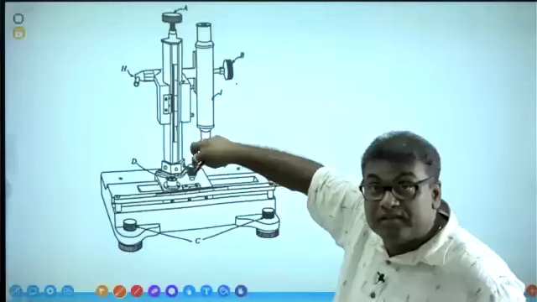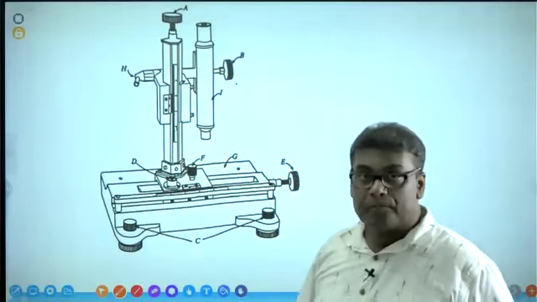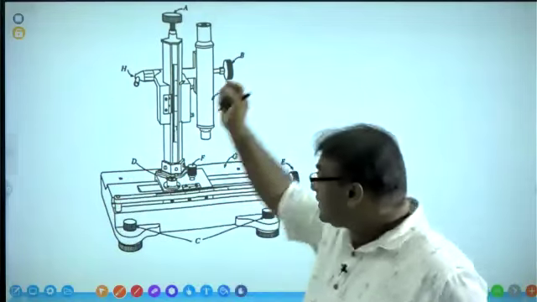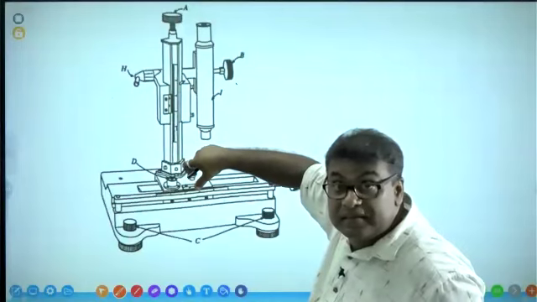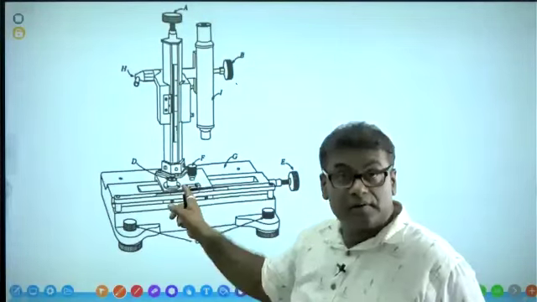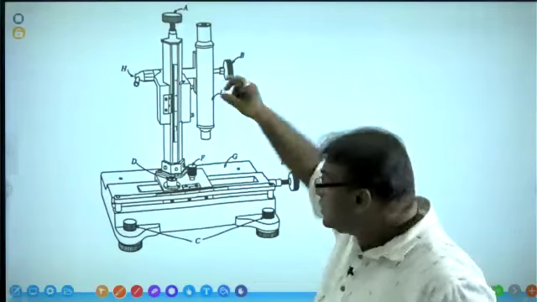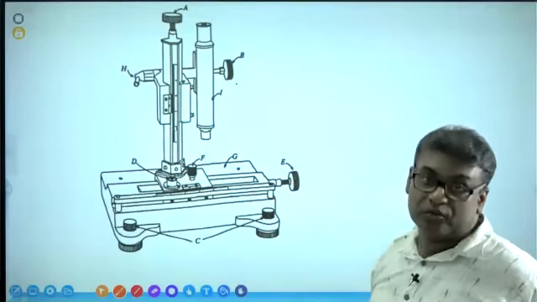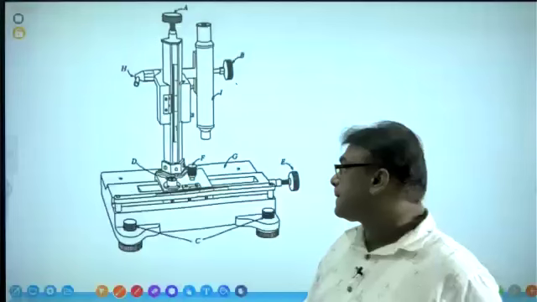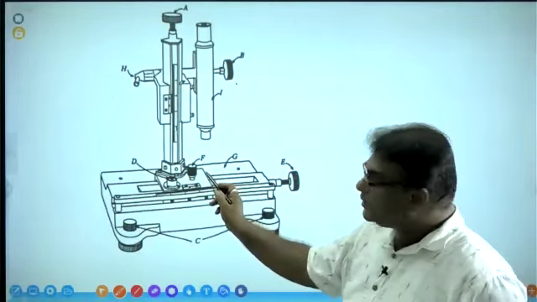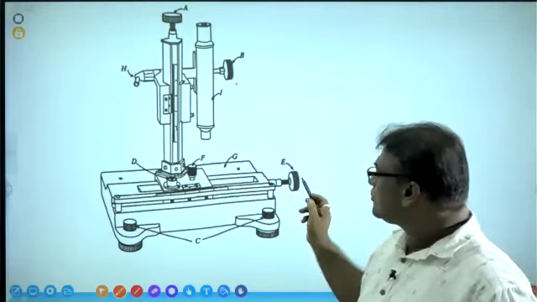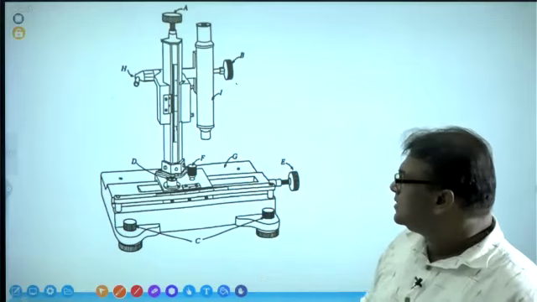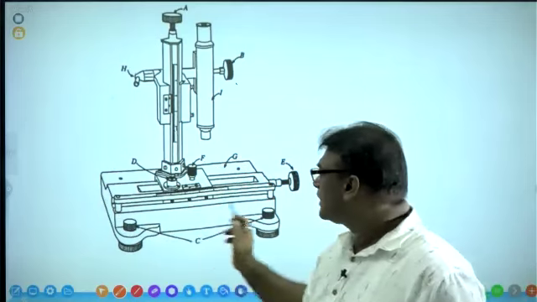Then first we have to tighten the horizontal rough adjustment screw well before operating the fine adjustment screw on the horizontal side. Clear with that? Right, okay. F is the horizontal rough adjustment screw, E, horizontal fine adjustment screw, G is the passage, the cladding passage.